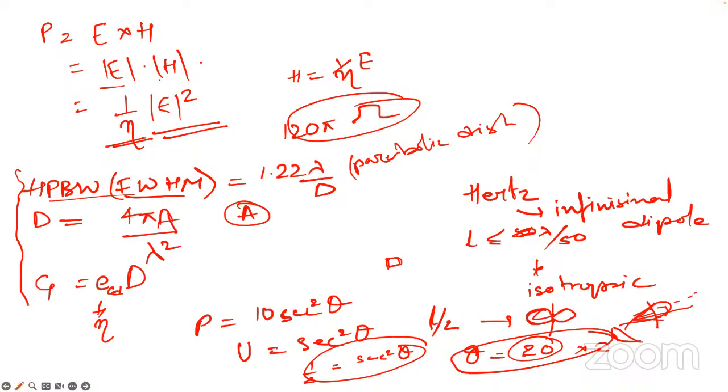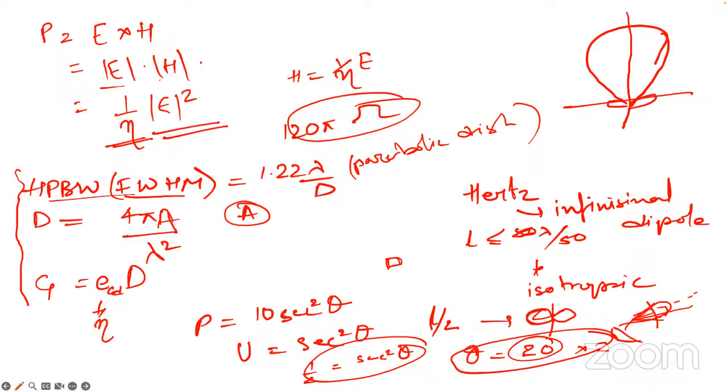Sir, can you please explain that equating secant square theta with half? Okay, so half power beamwidth means where the power is reduced by half. Sorry for the horrible drawing, but you have a beamwidth like this.